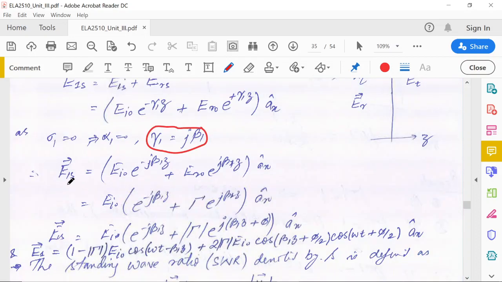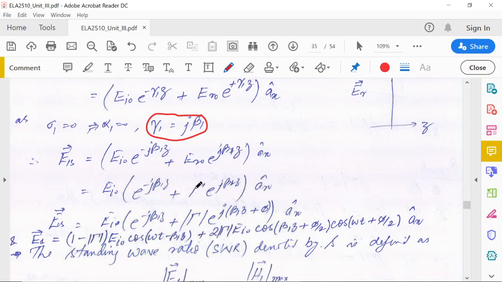So the total electric field in medium one will be given by this factor: e to the minus j beta 1 z plus e to the power j beta 1 z terms. The ratio E R naught over E I naught is given by the reflection coefficient gamma. So E R naught equals gamma times E I naught, and you can take it out.